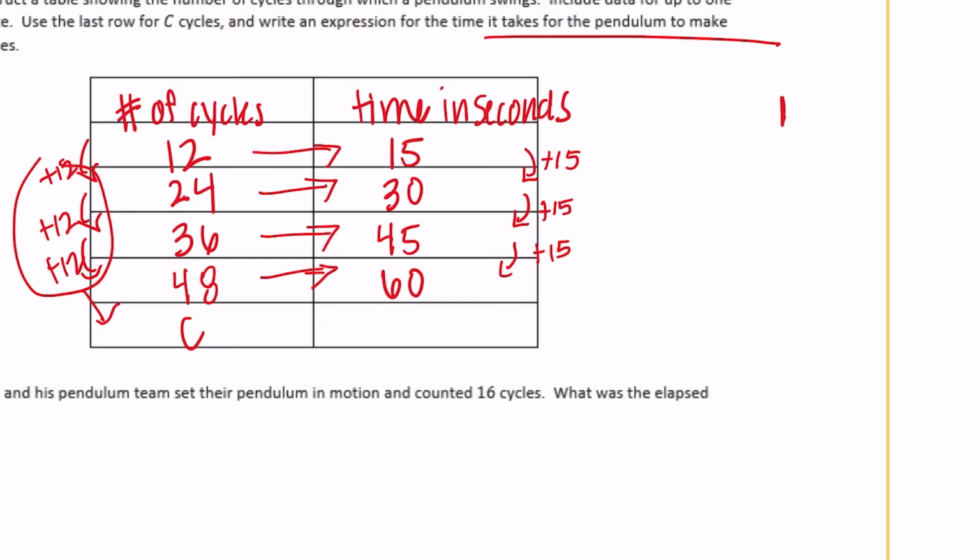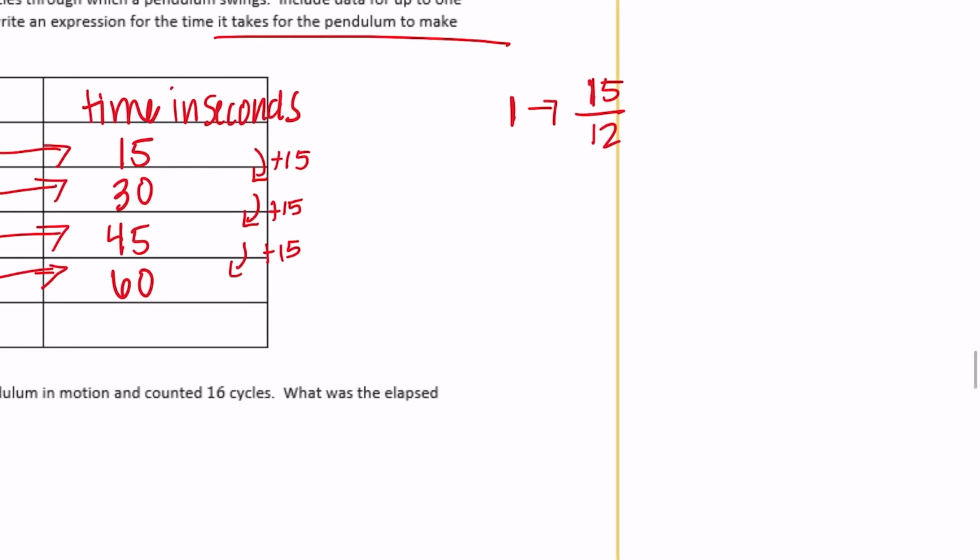So for every 15 seconds there are 12 cycles. If I wanted to know 1 second, I could just do 15 divided by 12, and that would tell me how many I get in 1 second. So I'm even going to reduce that further.